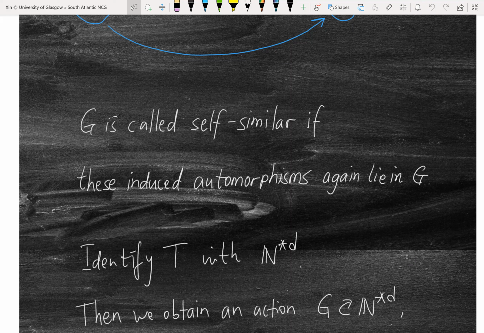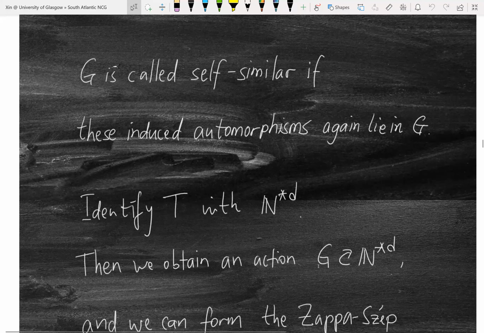So what's the small category attached to this? What you do is this. The group acts on a tree, and the tree you can identify with the free monoid on D generators, where D is the degree inside your tree. Because the group acts on the tree, this will induce an action of the group on this monoid under this identification.